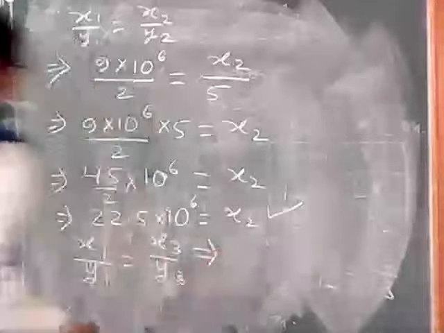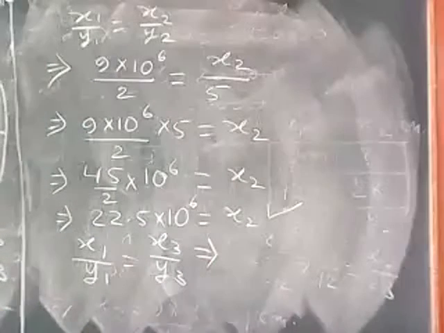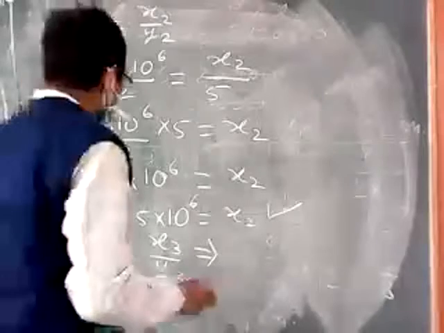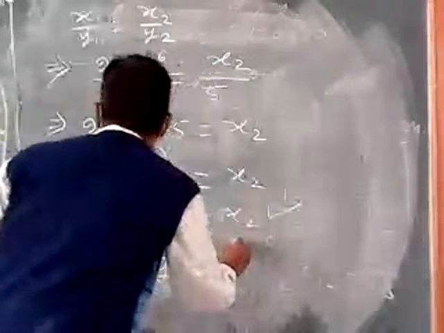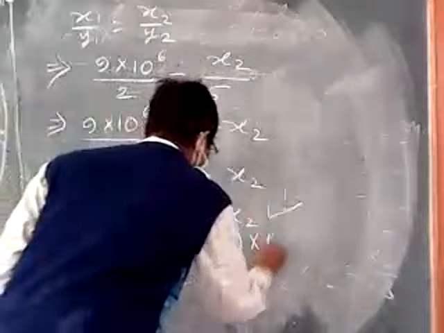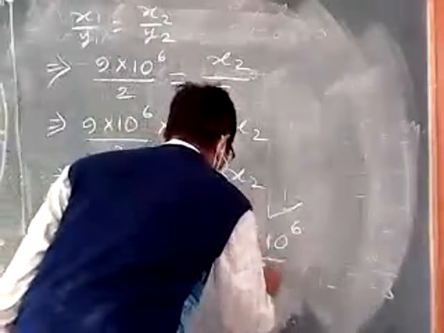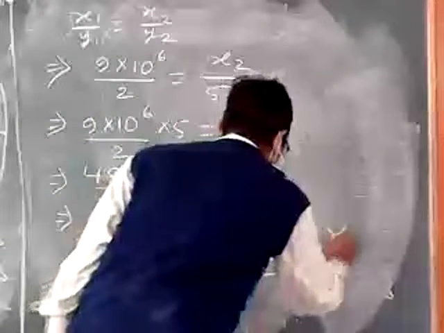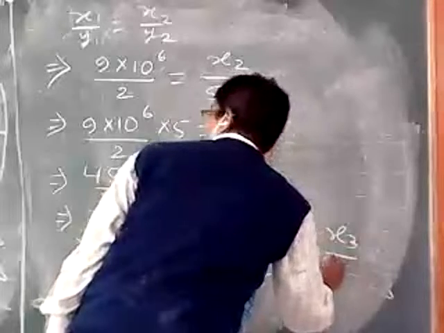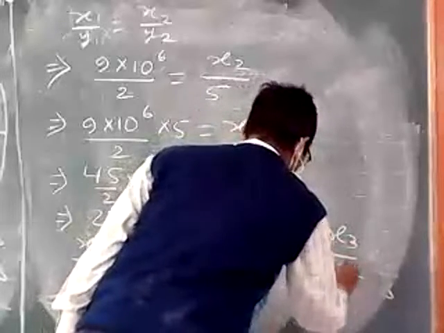From here, in the same way, 9 into 10 raised to power 6 by 2 is equal to x3 by 1.2.